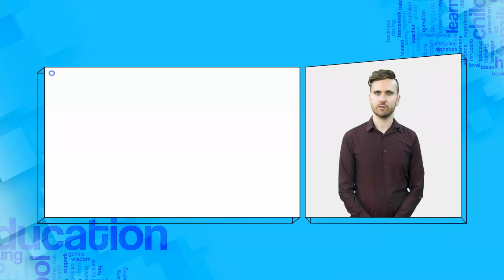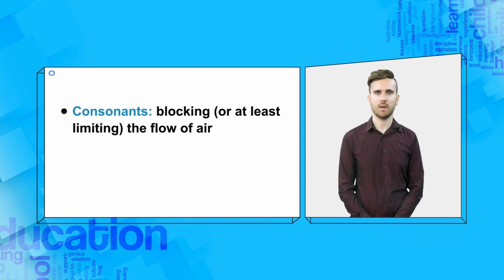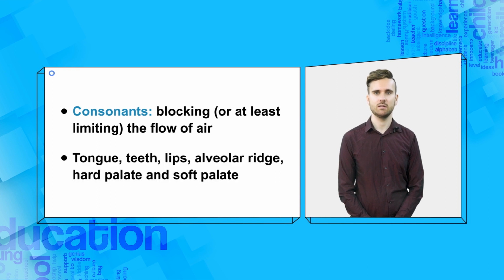After the air has left the vocal cords, it enters the oral cavity. We learned in the previous episode that consonants are made by blocking, or at least limiting, the flow of air. The airflow is blocked or limited by the articulators: the tongue, teeth, lips, alveolar ridge, hard palate, and soft palate.